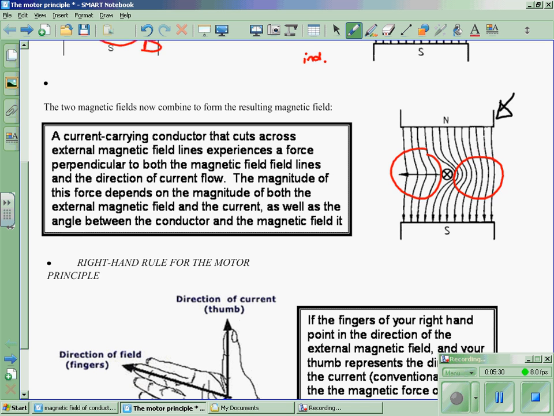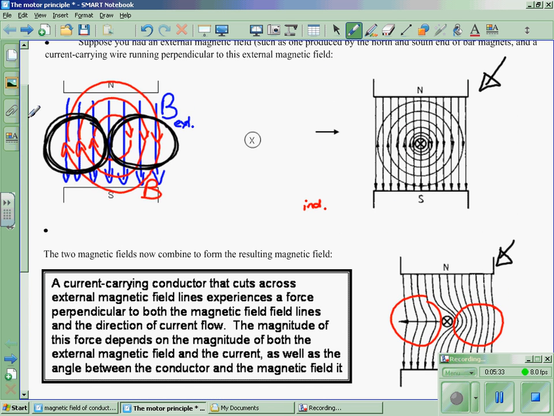One way I try to describe this is that on the right side of the wire, the magnetic field lines are all going in the same direction, which means you have a much stronger magnetic field. So let's write down that we have magnetic field lines stronger.